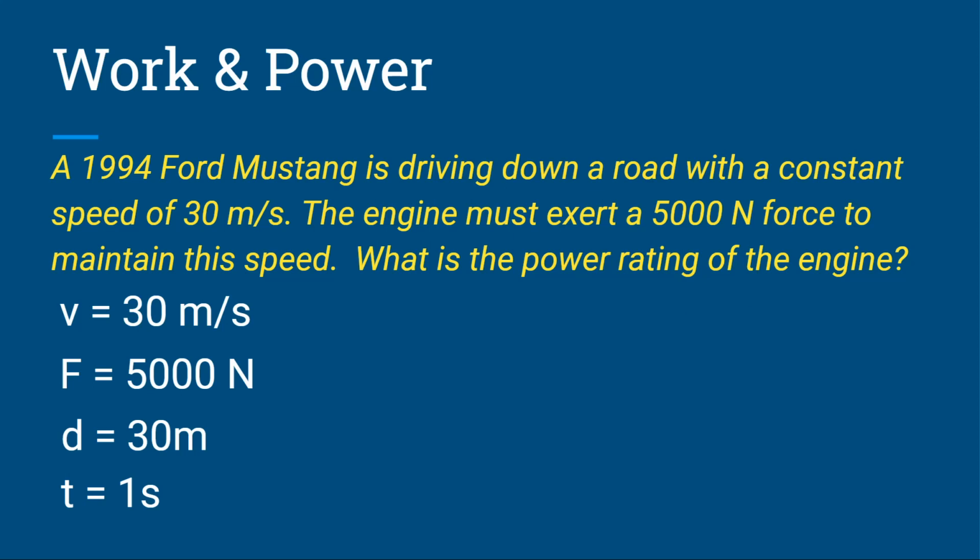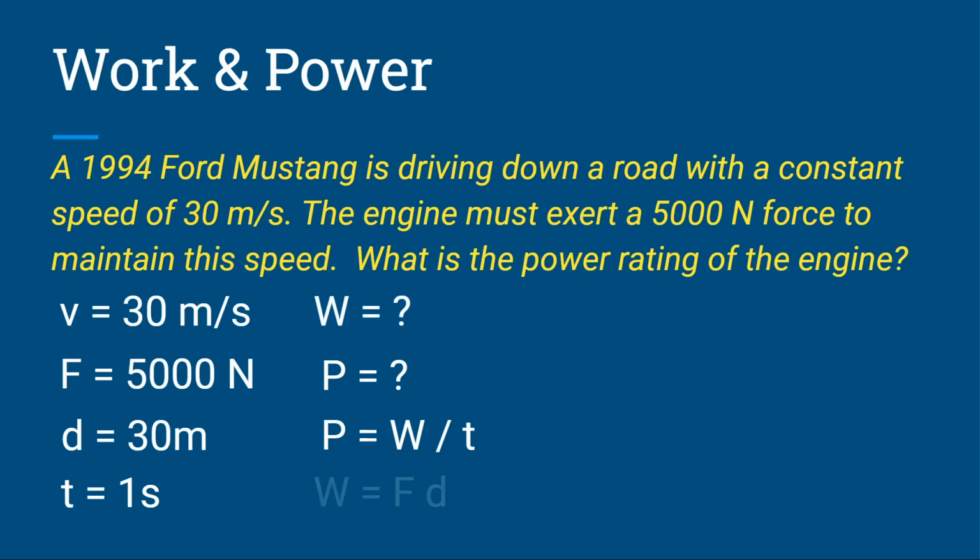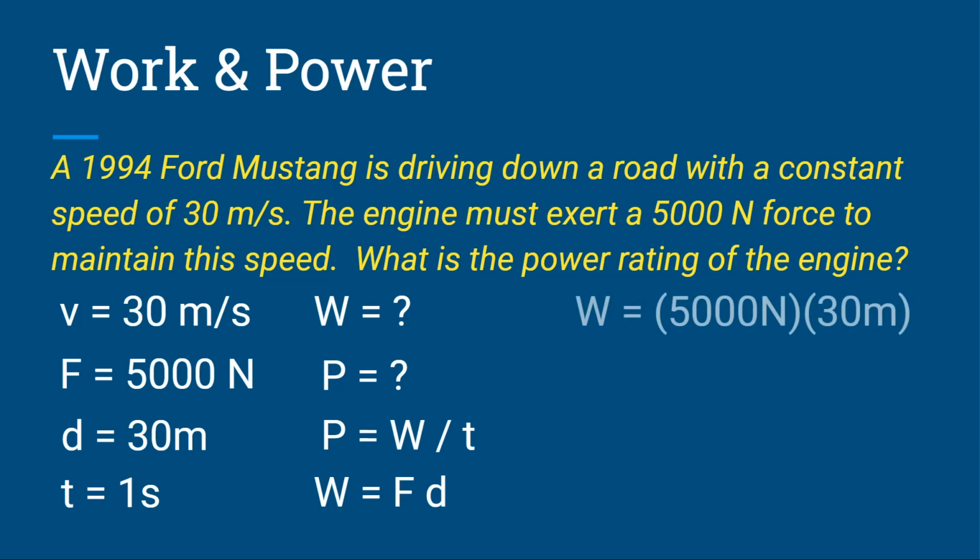From this information, if I want to find power, again, power is work divided by time, but I don't have the work. I do, however, have a force, and I do have a displacement, so I can find the work first using F, my force times my displacement, F times D. 5,000 times 30 gives me a work of 150,000 joules.